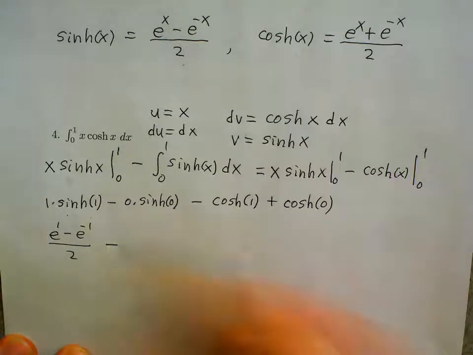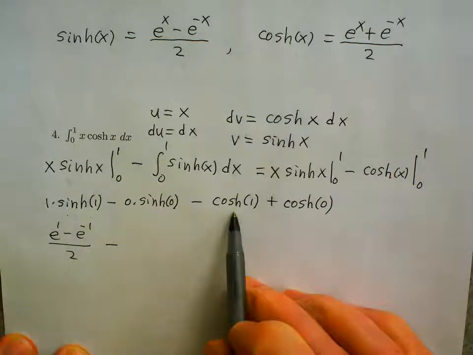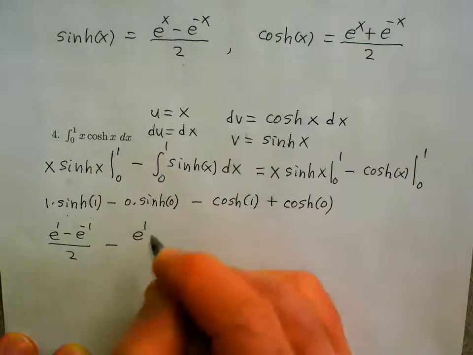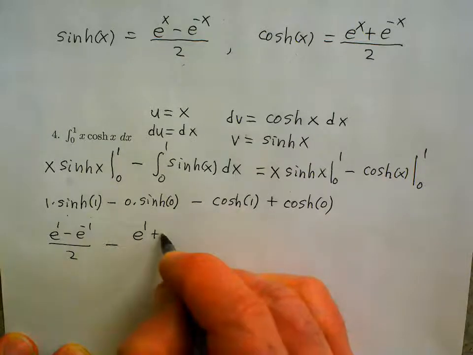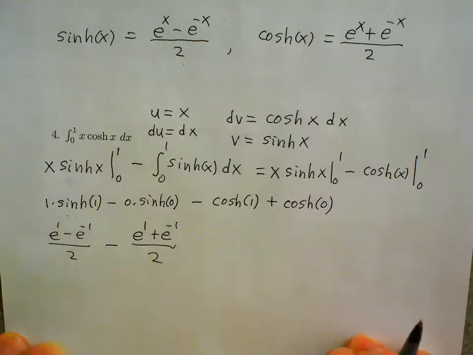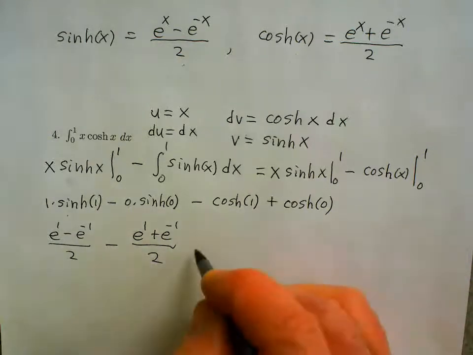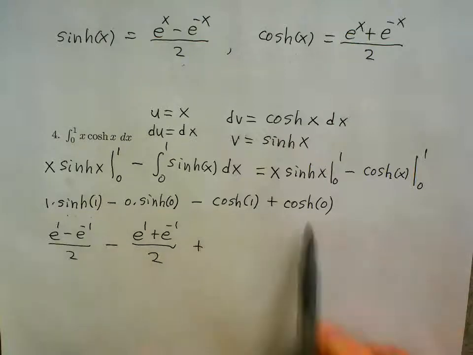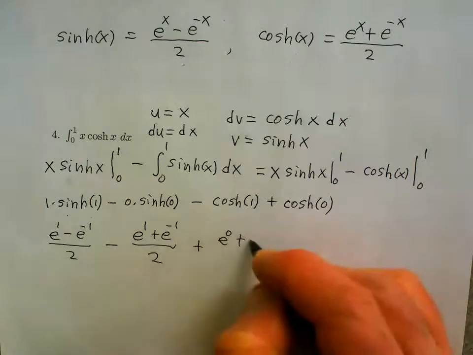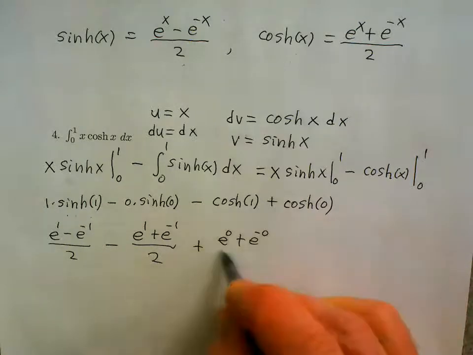And then minus hyperbolic cosine of 1. So this is minus e to the first plus e to the negative 1 over 2. And then hyperbolic cosine of 0. That's e to the 0 plus e to the negative 0 divided by 2.